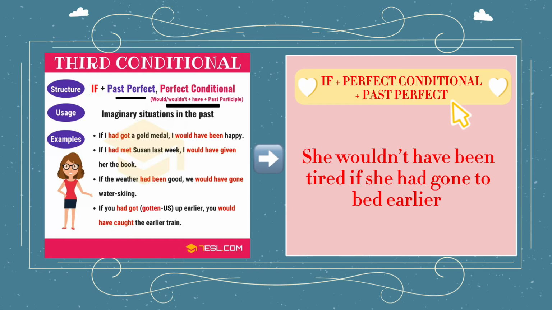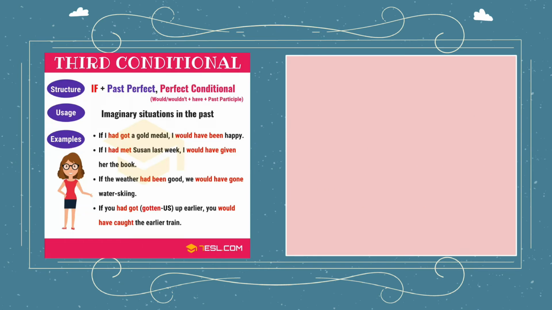"Wouldn't have been" is the perfect conditional and "had gone" is the past perfect. So it can be either the past perfect first and followed by the perfect conditional, or the perfect conditional first and followed by the past perfect.